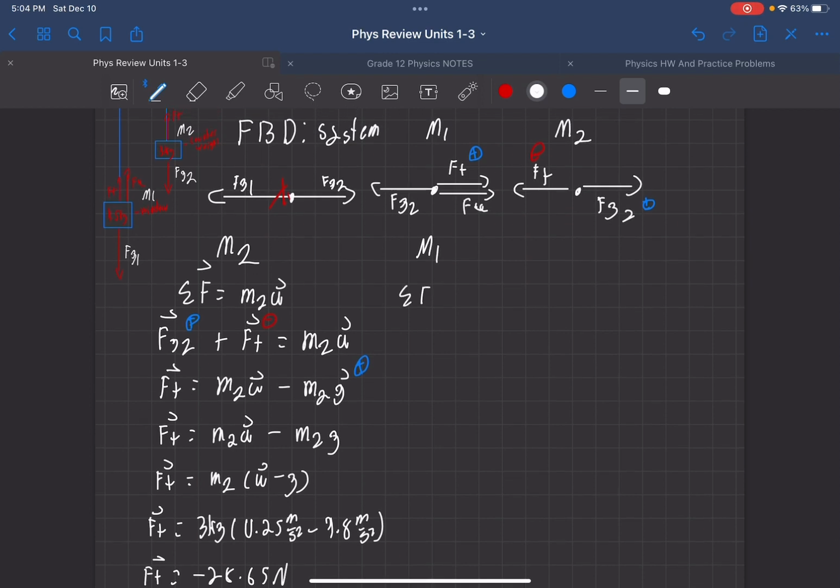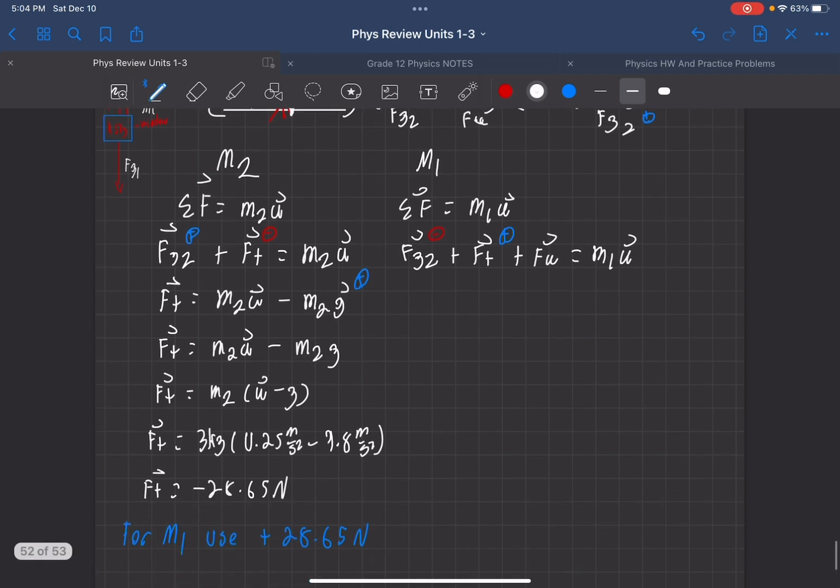Well, the sum of the forces is equal to M1 times acceleration. The forces acting on M1 are Fg1, and this guy is negative, plus Ft, and this guy is positive, plus the force applied, so plus Fa, and we know that's positive, right? And that is equal to M1 times acceleration.